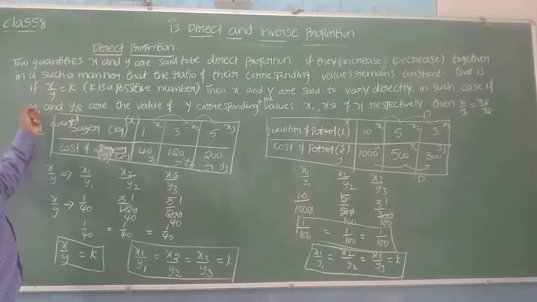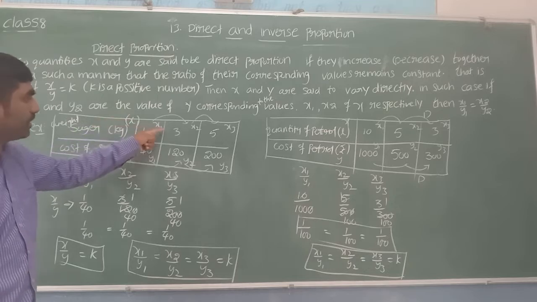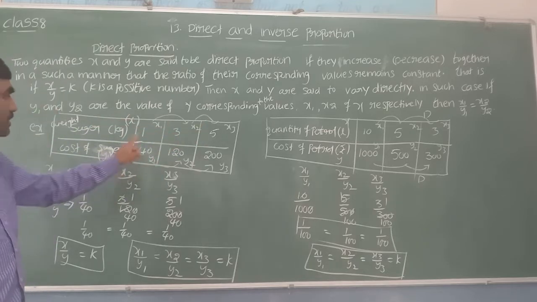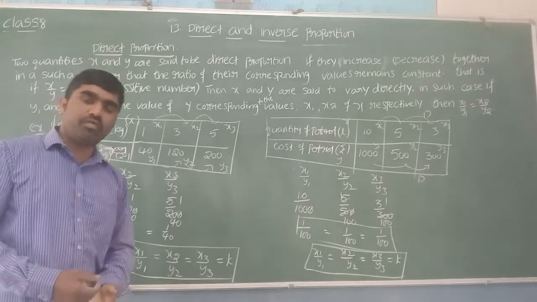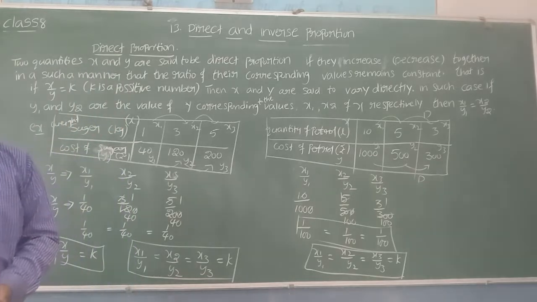In such a case, x by y is equal to k. The ratio of the two quantities gives the same constant. Here, corresponding to x we can take x1, x2, x3, and corresponding to y we can take y1, y2, y3. Hope it is clear.